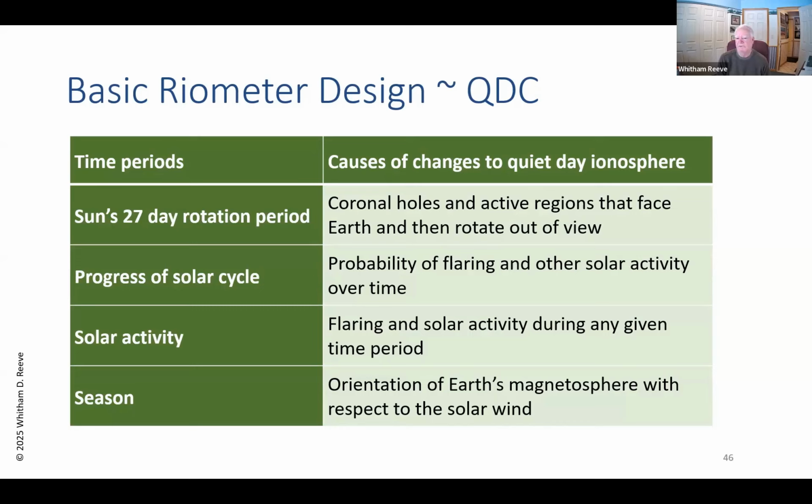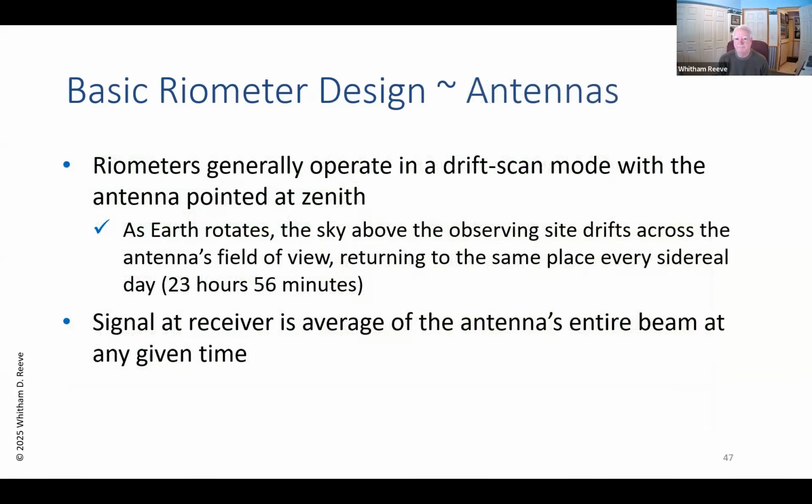The solar cycle itself changes on an 11-year and 20-year to 22-year period. You're going to have problems due to that. You have solar activity, flaring, and other activity during any given time period. And then you have the seasonal effects as well.